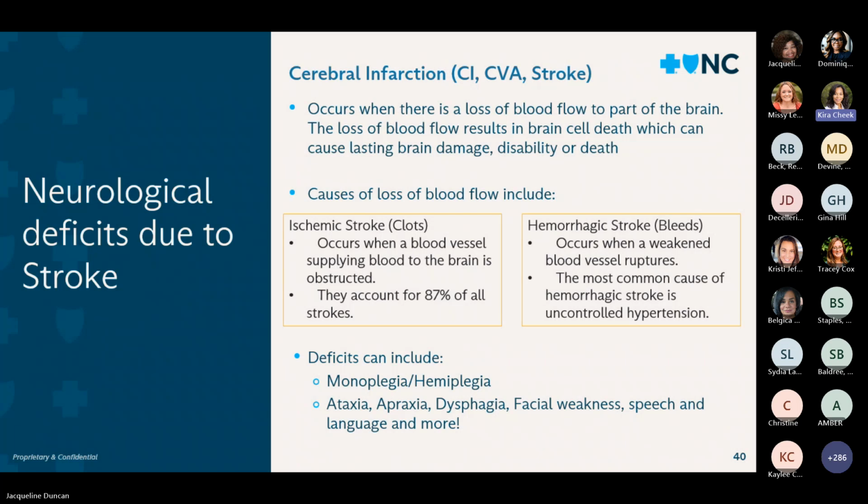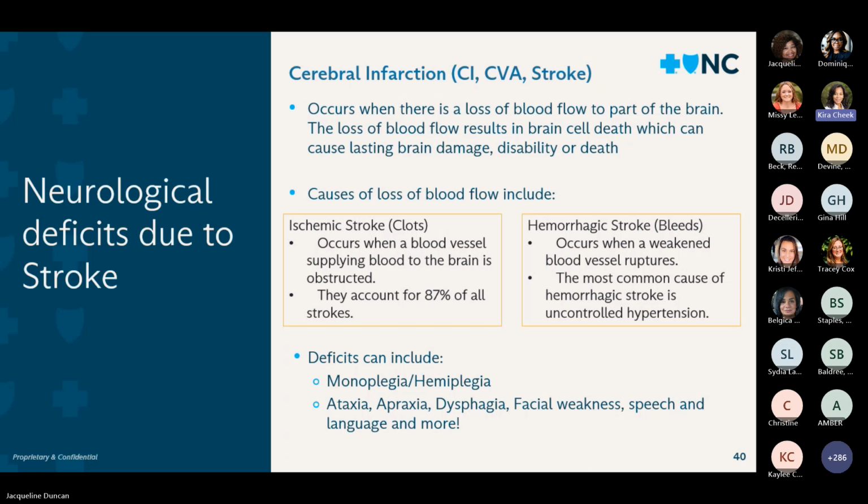The loss of blood flow results in brain cell death, which can cause lasting brain damage, disability, or death. Causes of the loss of blood flow include an ischemic stroke or clots, which occur when the blood vessel is obstructed from supplying oxygen in the blood. This is the most common and it accounts for 87% of all strokes.